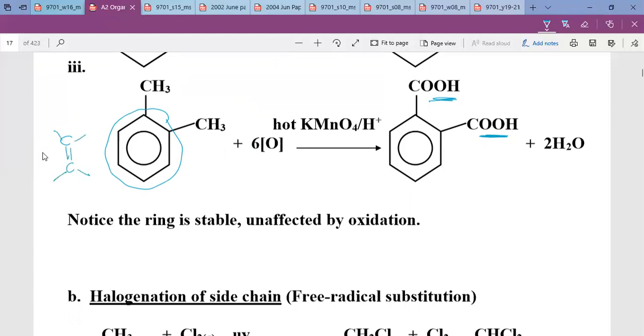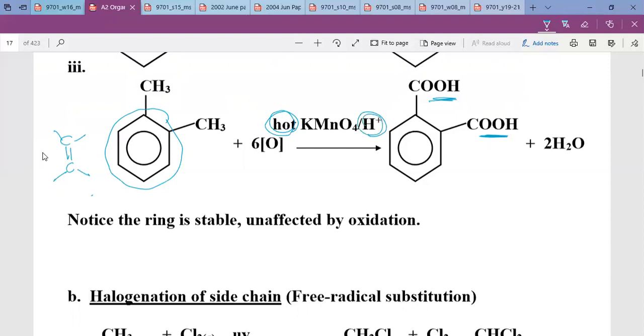Okay, normal double bond, KMnO4 will oxidize it, right? You get your diol, and if you cleave here, you get your carbon dioxide and your carboxylic acid or whatever. Okay, so remember, must be hot. Cold cannot react. Condition: hot and acidified.